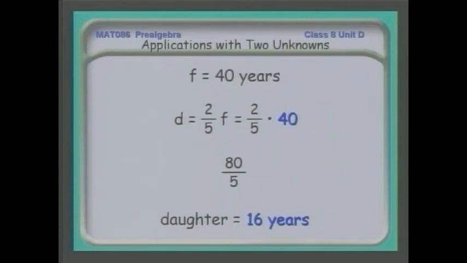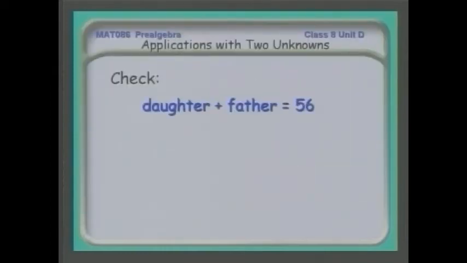Is this correct? The father's age is 40 years, the daughter's age is 16 years. How can I check this? What I can do is remember that one of the facts we were given was the daughter's age plus the father's age is 56. Is this correct? 16 plus 40 is 56, and this makes me think that there is some slight possibility that I did this correctly.